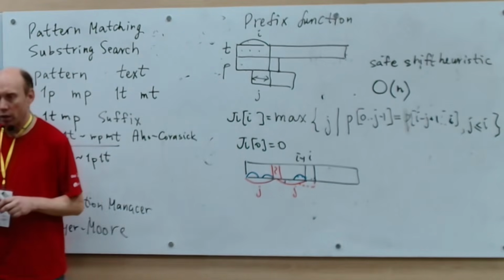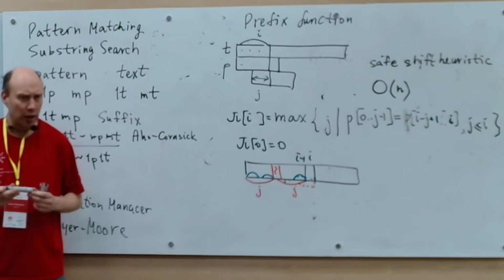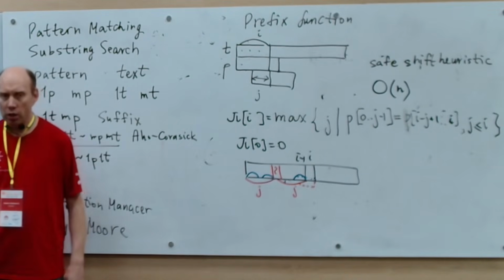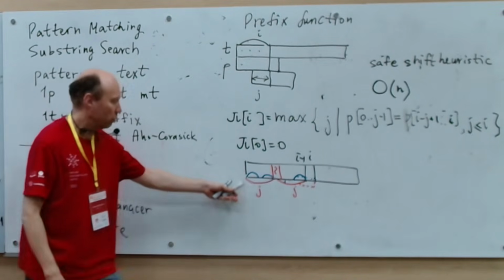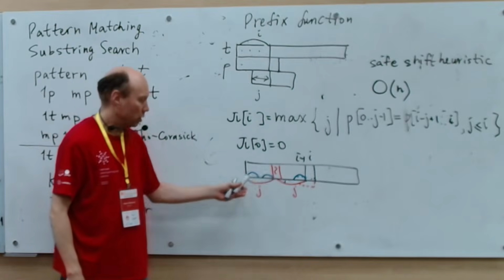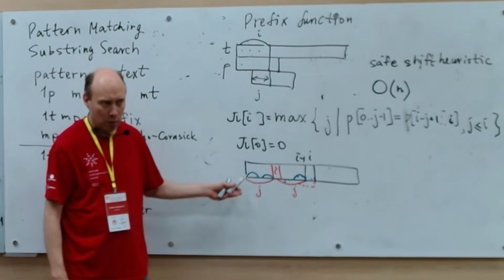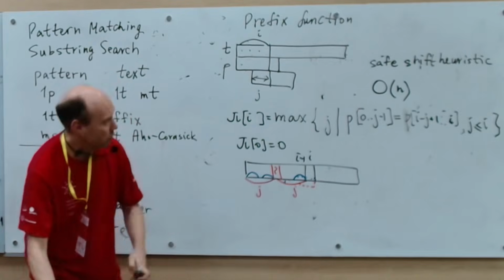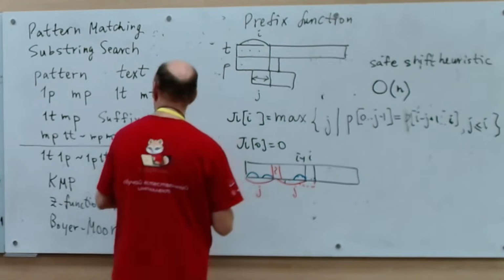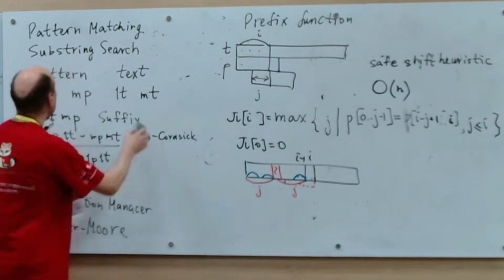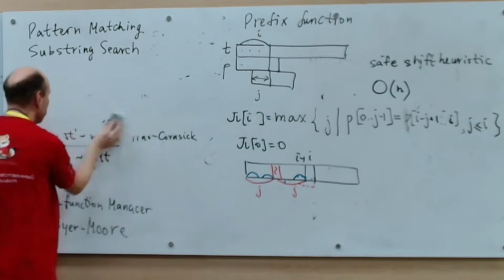So we clearly say that the next value that we should try is the prefix function for the prefix of length j, which is P of j minus 1. So this gives us the following kind of cryptic code for prefix functions.